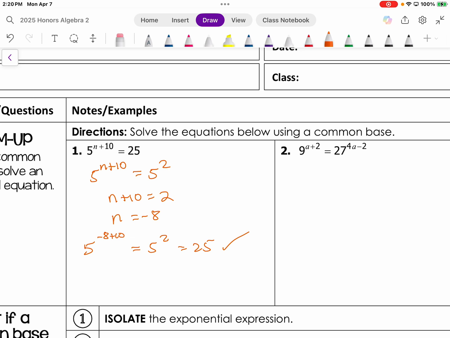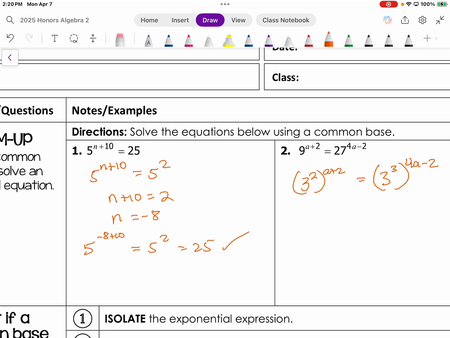Okay, 3. So we would rewrite the left side as 3 squared to the a plus 2. That's 3 squared raised to the a plus 2 power. On the other side, it is 3 cubed, all that raised to the 4a minus 2. That's how we would write our first step.